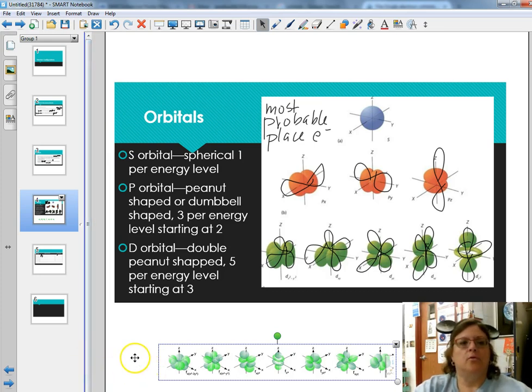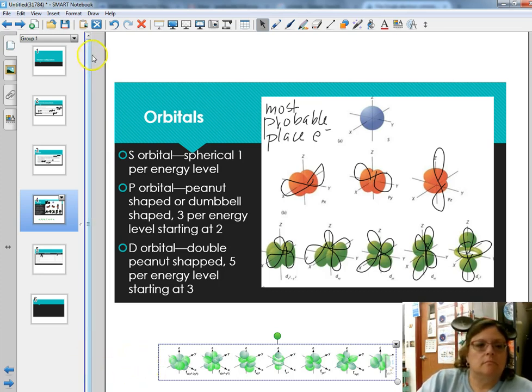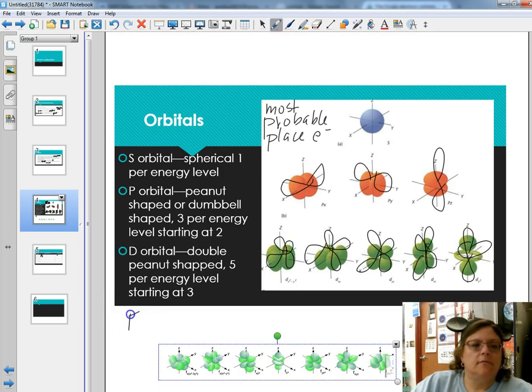The f orbitals, I say look like flowers. They're just strange. The f orbitals there are 7 per level, starting with level 4.